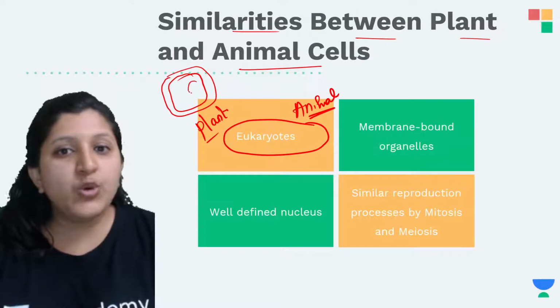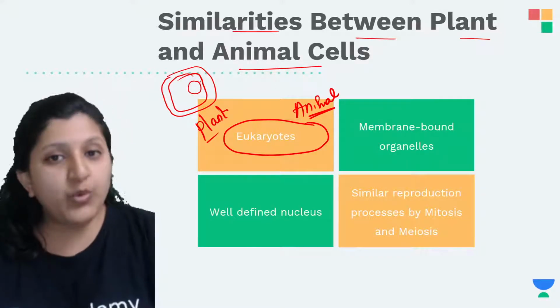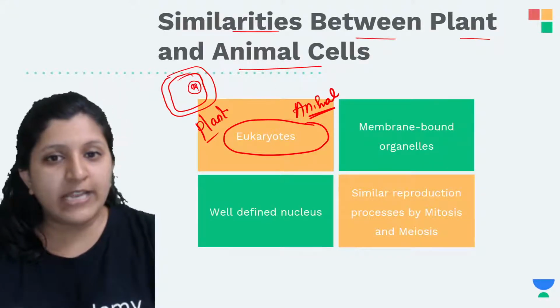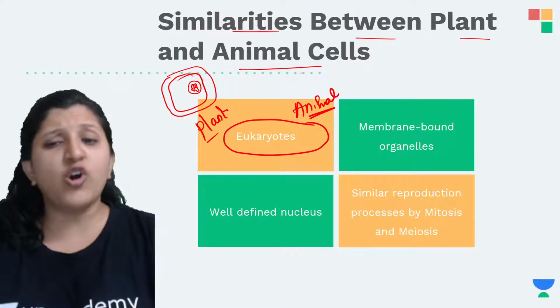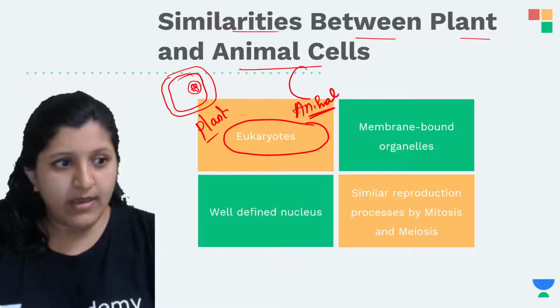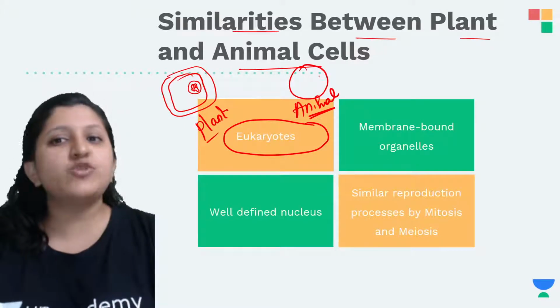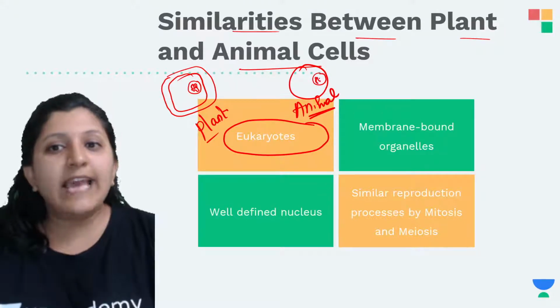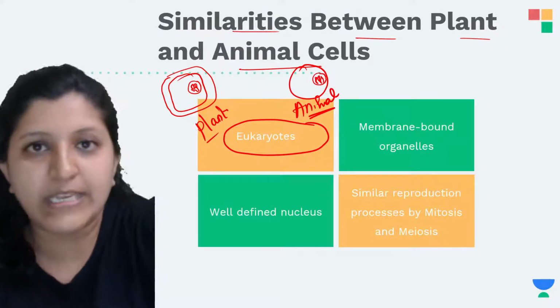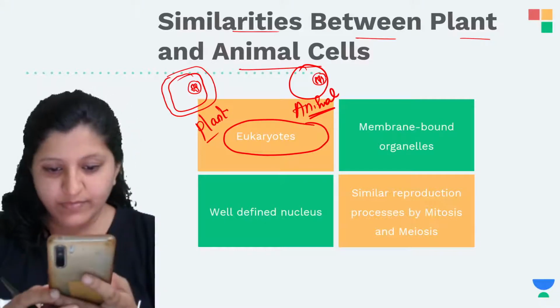There is a nucleus, and the nucleus has a nuclear membrane inside which the genetic material is suspended. Now if we talk about an animal cell, the same way there is a nuclear membrane, and you can find the suspended DNA.